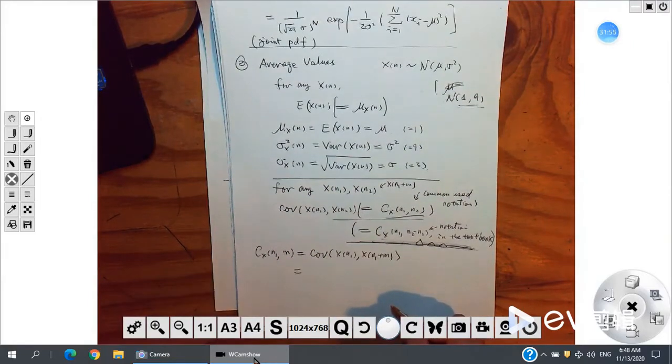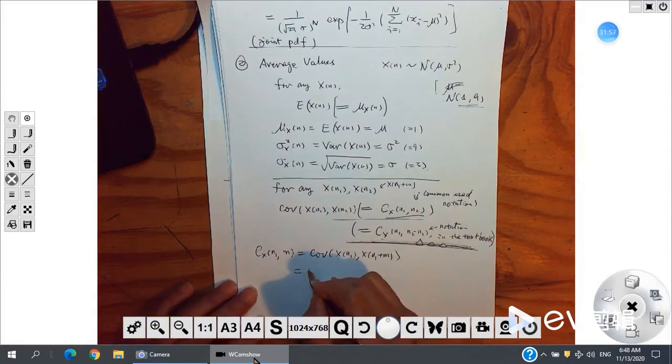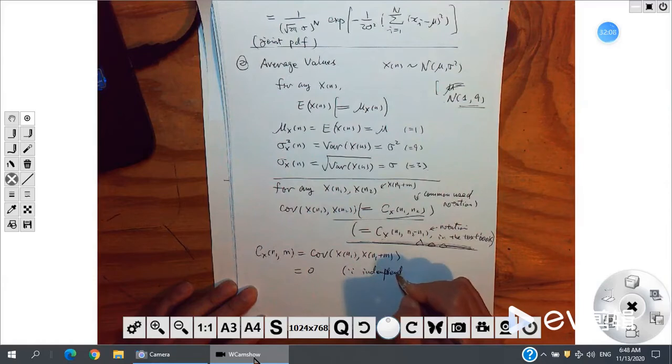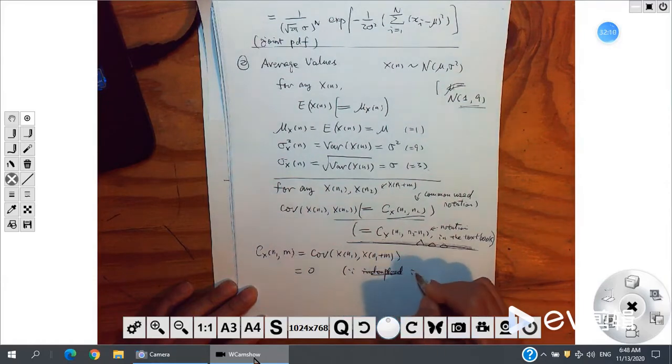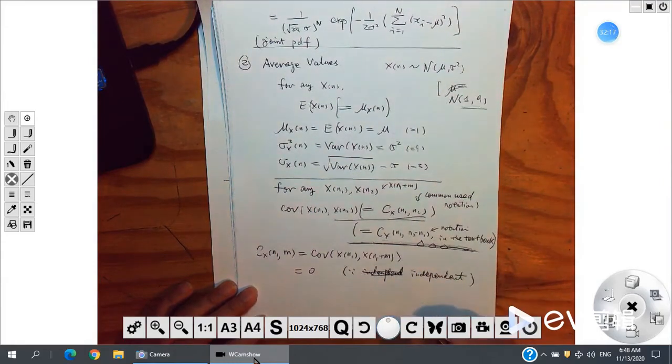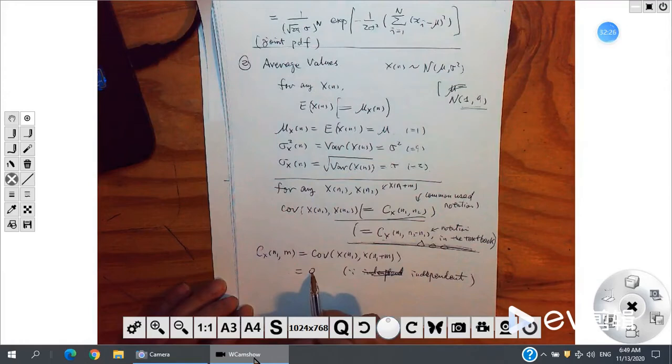We know it is independent, so in this case it is 0 because of the independence. Remember, we have studied this, right? We have this formula. If they are independent, this is 0.